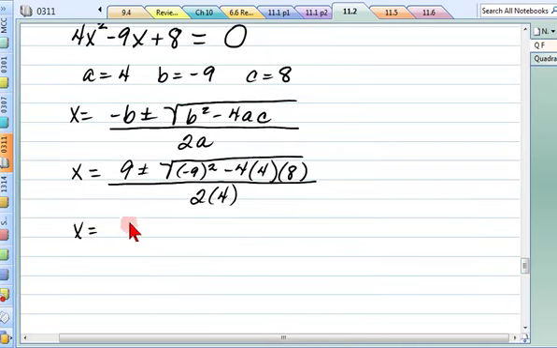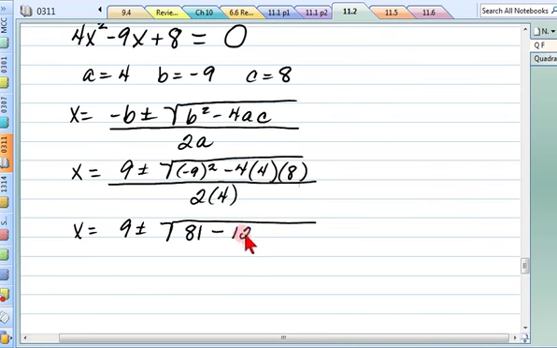X is equal to 9 plus or minus the square root of negative 9 squared is 81. All right, negative 4 times positive 4 is negative 16 times 8 is something kind of big. Would you tell me what it is?